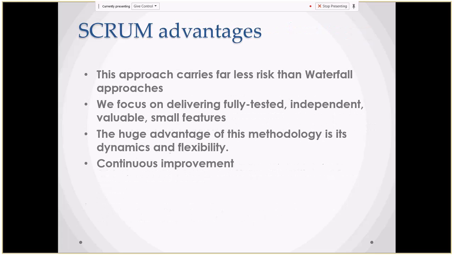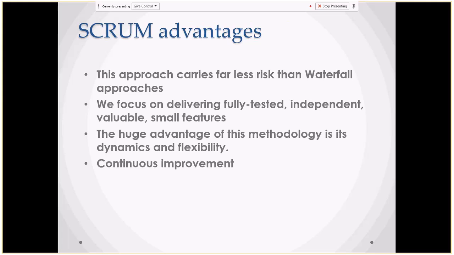Yeah, the waterfall approach has more risk. He might not understand the actual requirement, and there might be a lot of defects. So waterfall has more risk, and Scrum has less risk compared to the waterfall.